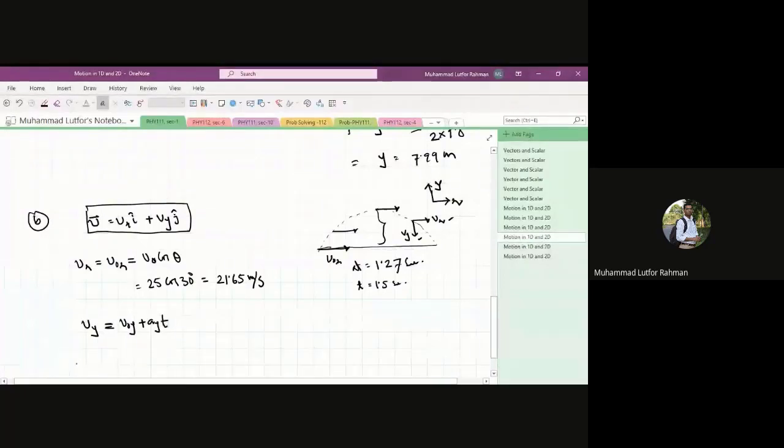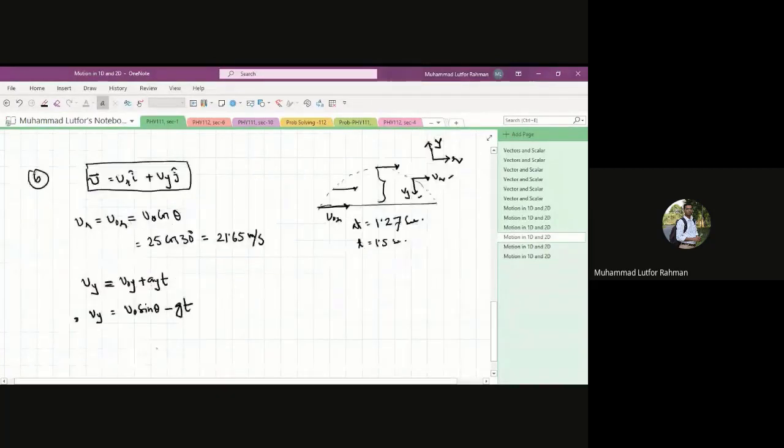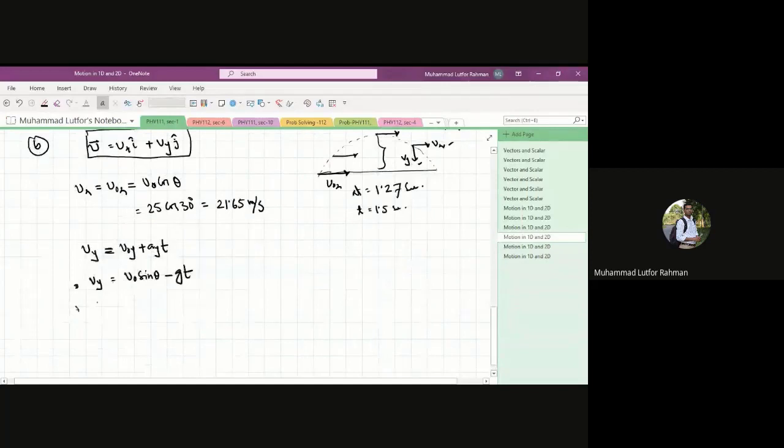Then I can find this vy would be v naught y, actually v naught sine theta, minus gt, right? So I'm going to find out that velocity. So this vy would be v naught 25 sine theta, 30 degree, minus 9.8 into 1.5.